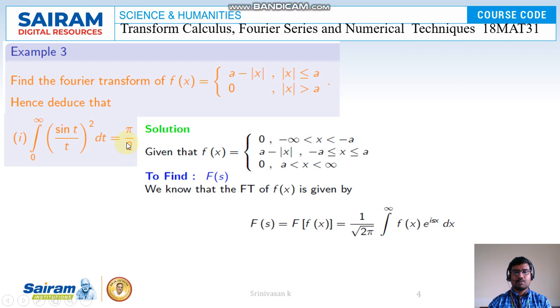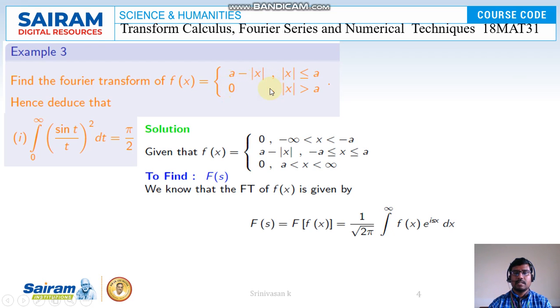Before going to the solution, first we discuss the interval. What is the interval here? Modulus x less than or equal to a is nothing but the interval from minus a to plus a. In minus a to plus a, the function is a minus modulus x, and the remaining is all 0.